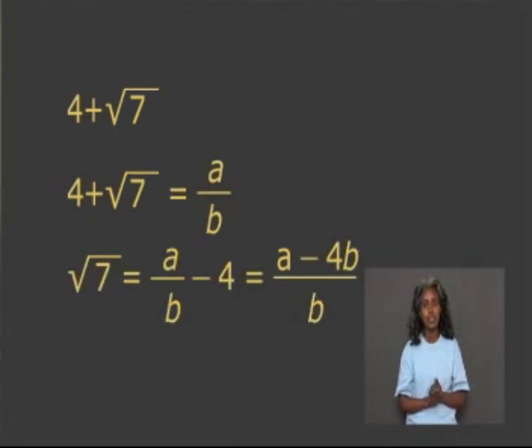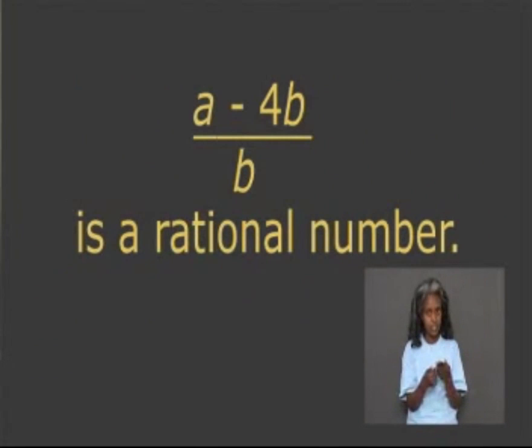The root of 7 equals A over B minus 4, or A minus 4B over B. Since A minus 4B and B are integers, then this fraction is a rational number.